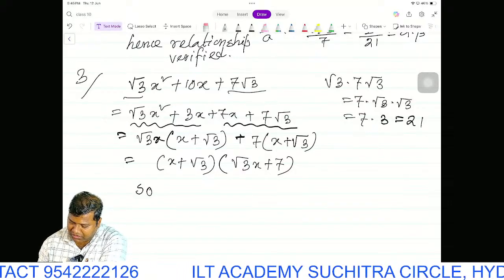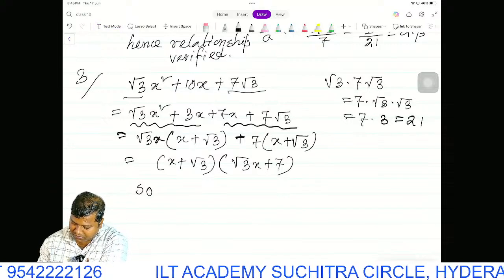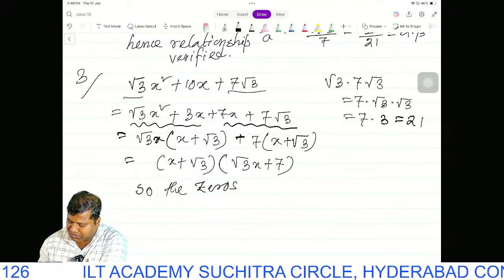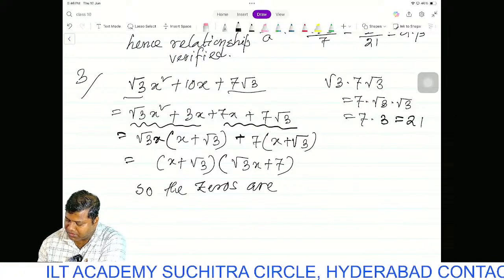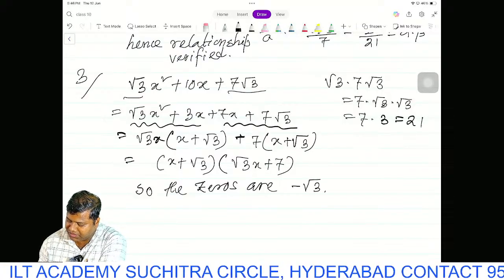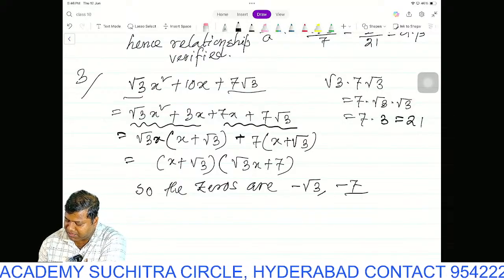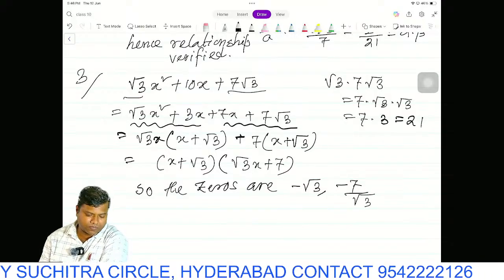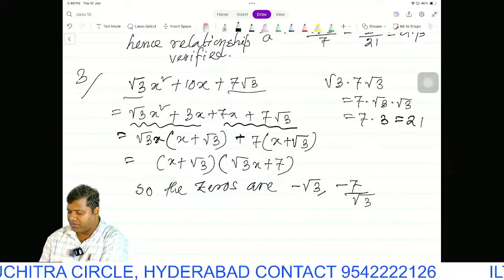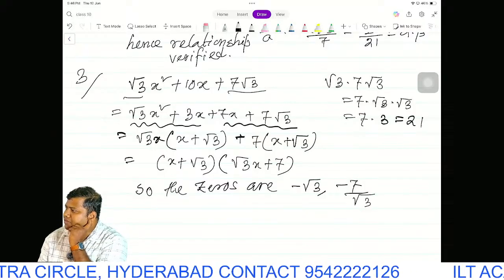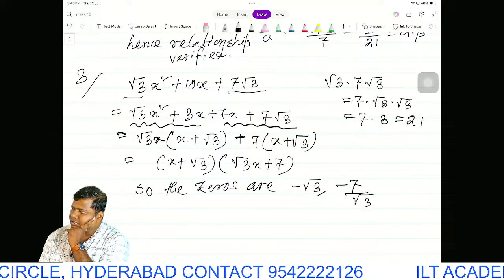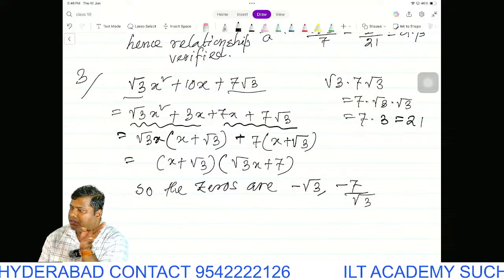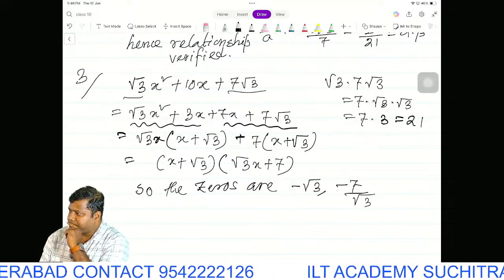So the zeros are what? Tell me. Minus root 3 and minus 7 by root 3. Now I am giving you one method which you have learned in quadratic equation, or which you will be learning in quadratic equation.